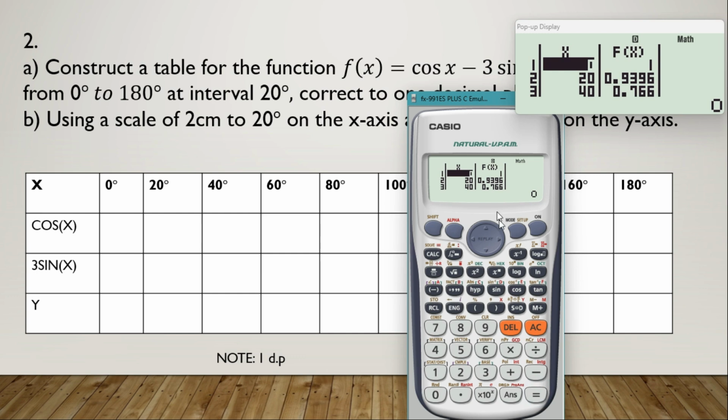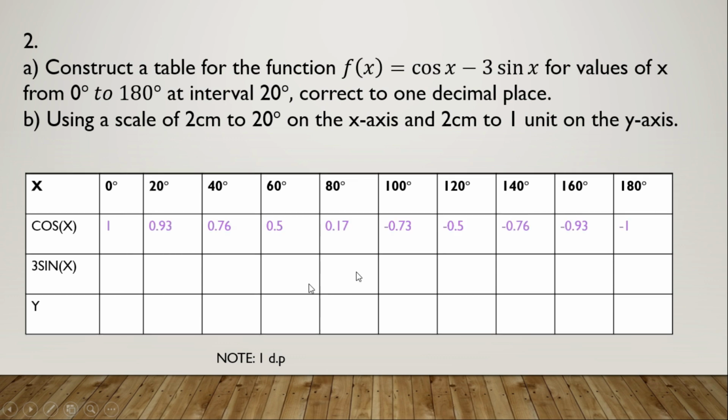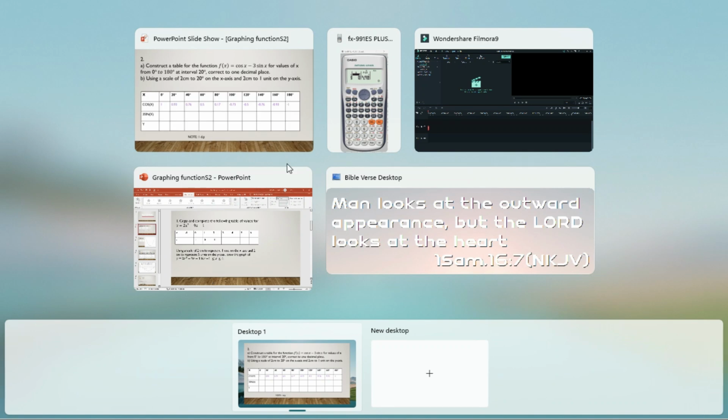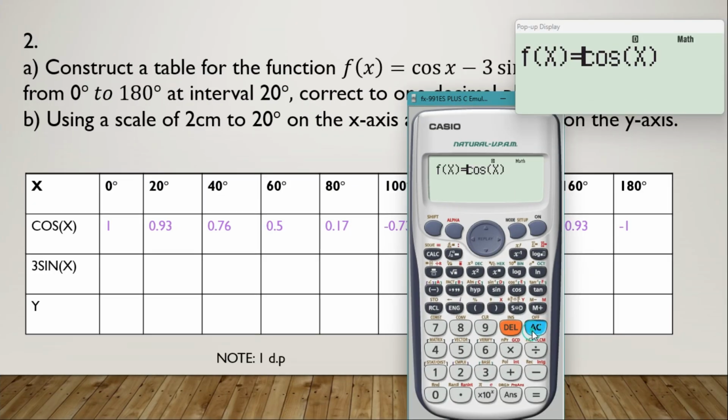1, 0.9, converted to 1 decimal place, which is 1, and that is the values here. So we have that. And now you also find 3 sine x by keying inside the calculator. So you get your function ready.